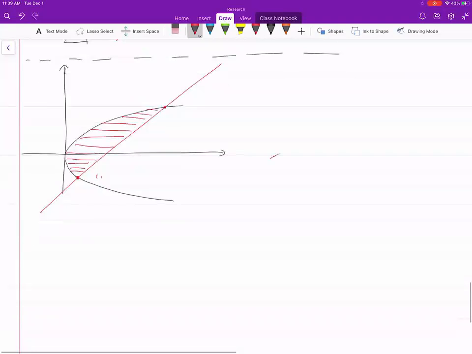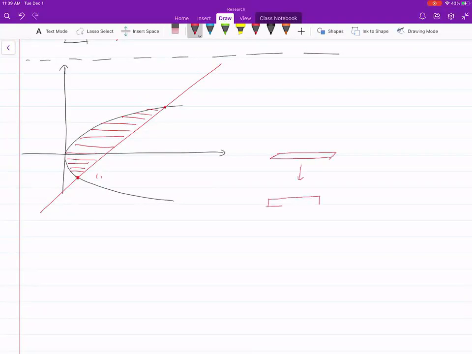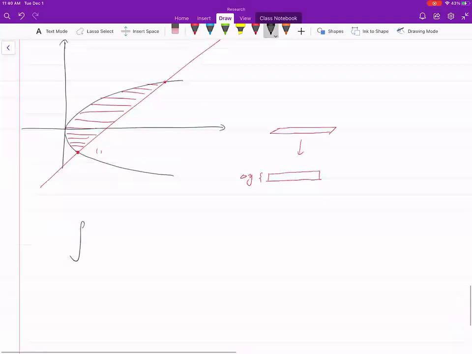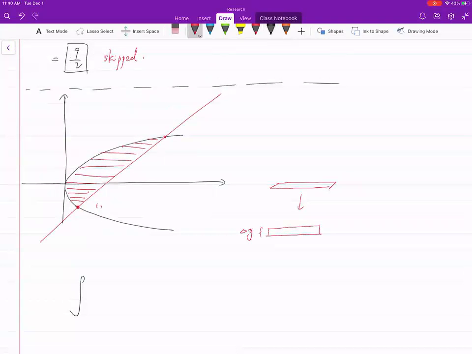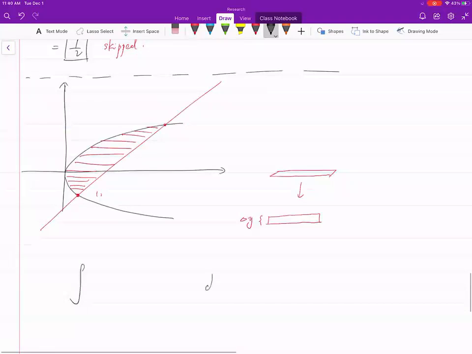You have a piece like that, which you wish will be something like a rectangle. Okay, what's the width? That's going to be delta y. And if you take the integral, it's going to be dy.